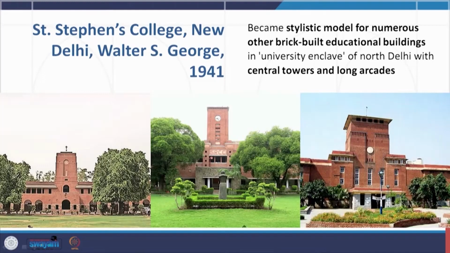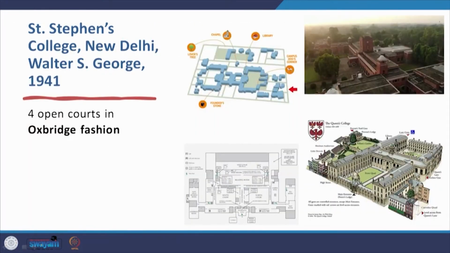You can see this in St. Stephen's. This is a central tower, and there are these long arcades. So you see the same thing in the SRCC and in this college. And other colleges also had exposed brick and similar profiles. For example, the Hindu College is also another example.